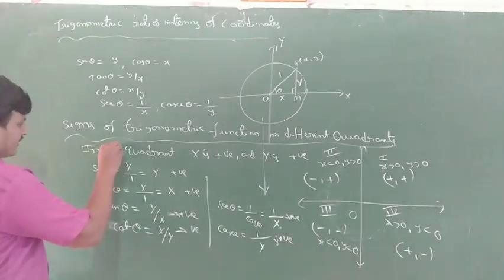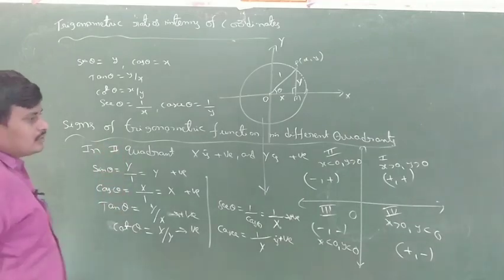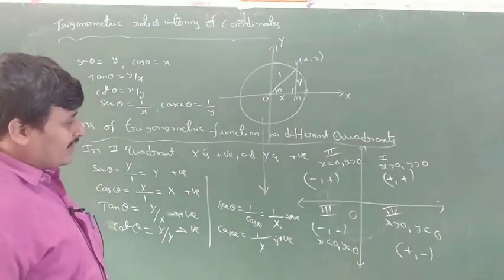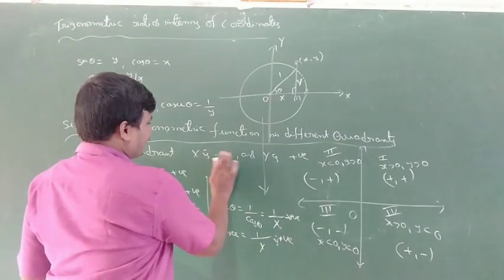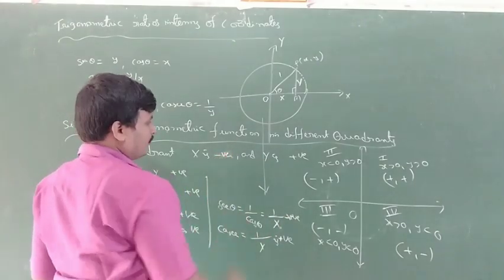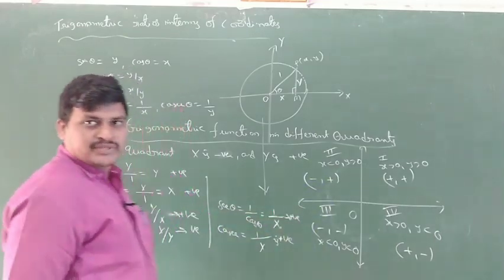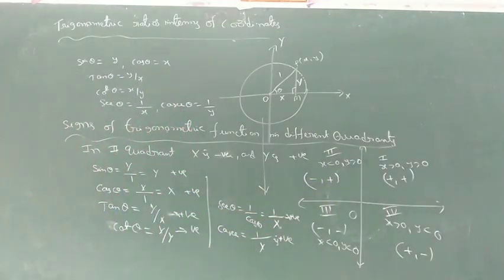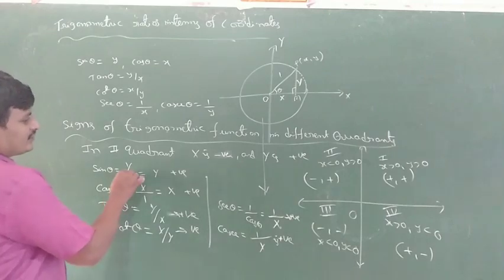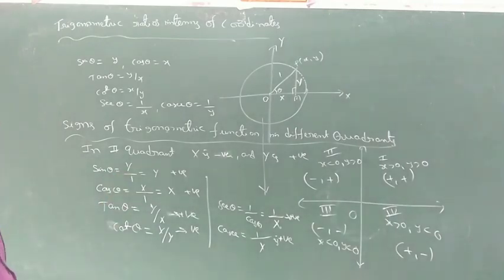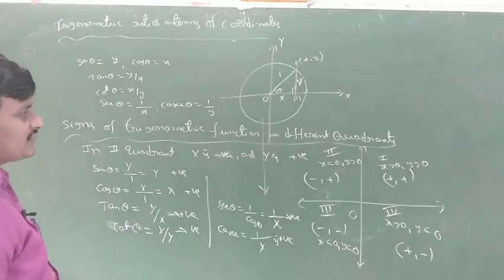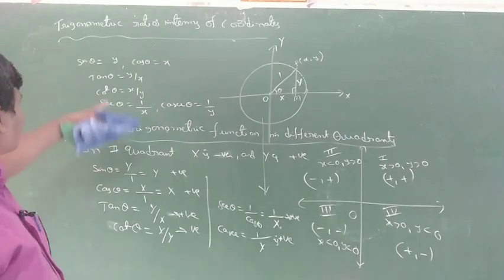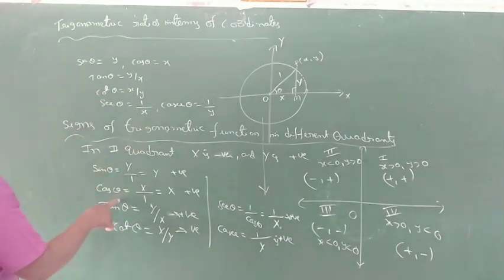In the second quadrant, note that x is negative and y is positive. So sin theta is equal to y. Is y negative or positive? Positive. Cos theta is equal to x.